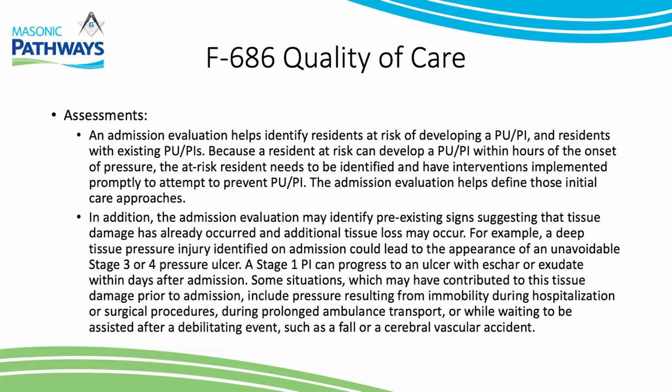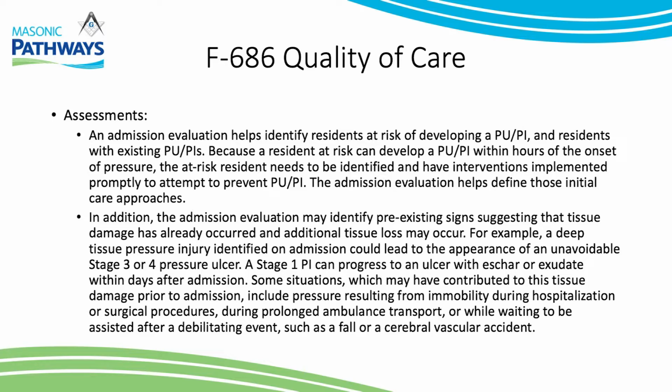In addition, the admission evaluation may identify pre-existing signs suggesting that tissue damage has already occurred, and additional tissue loss may occur. For example, a deep tissue pressure injury identified on admission could lead to the appearance of an unavoidable stage 3 or 4 pressure ulcer.